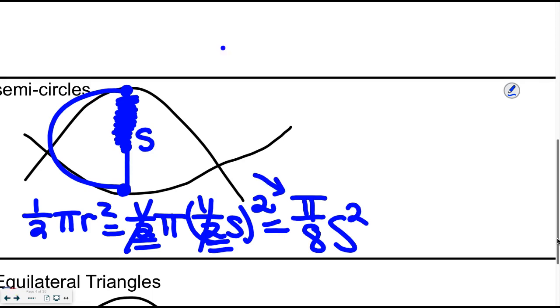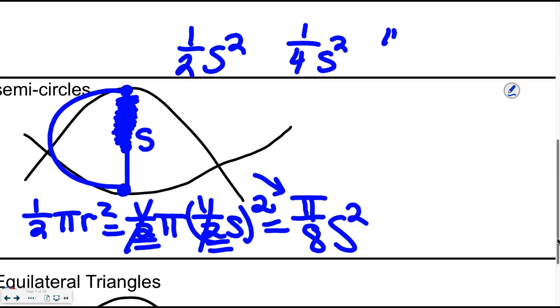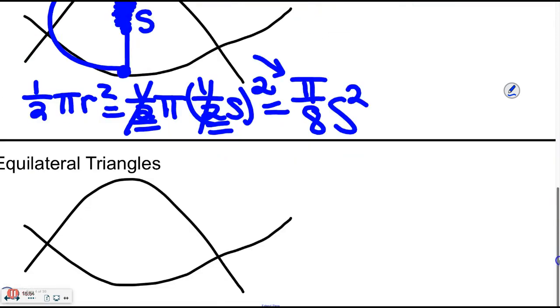So again, squares, s times s. Leg across the base, isosceles triangle, 1/2 of a square. Hypotenuse across the base, 1/4. Semicircles, pi/8. And do I have another one? Equilateral triangles, I showed you on the other one. That's when all of these are the same.